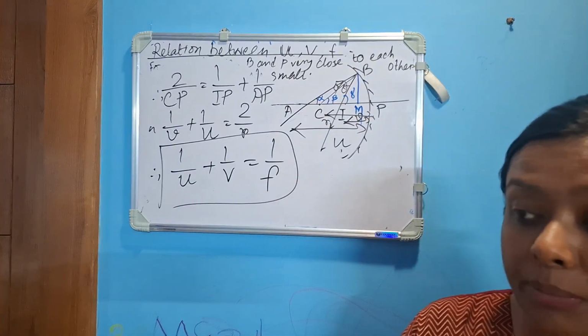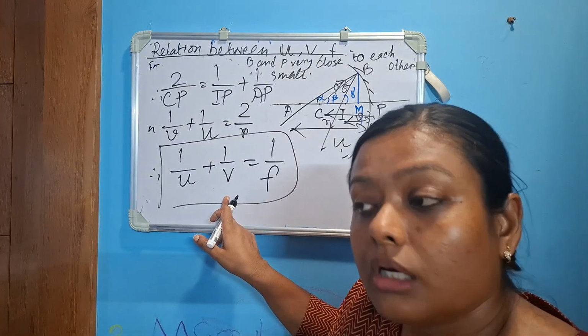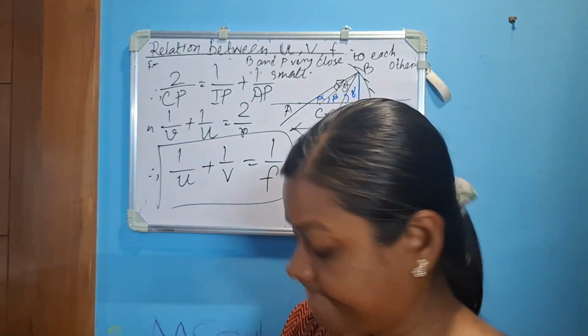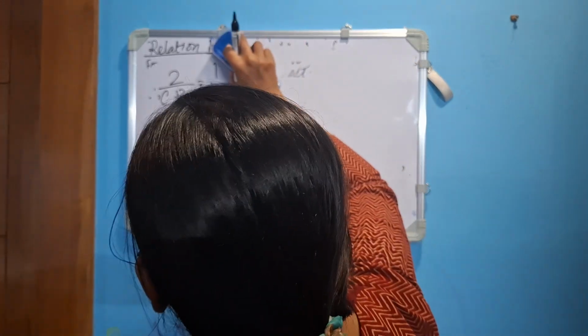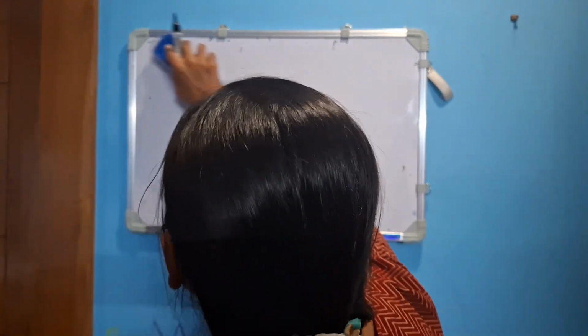Sign convention now we have taken. We got two formulas now. One is this one, and another one is R equal to 2F. Next, sign convention, which is very important for doing all kinds of numericals and magnification also.